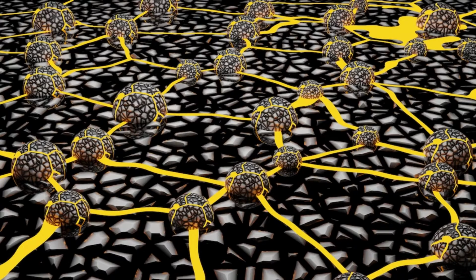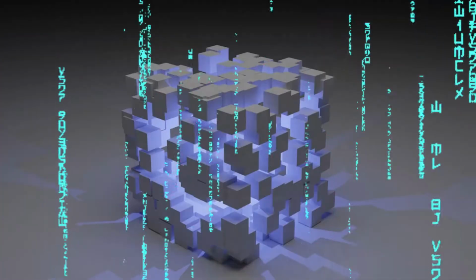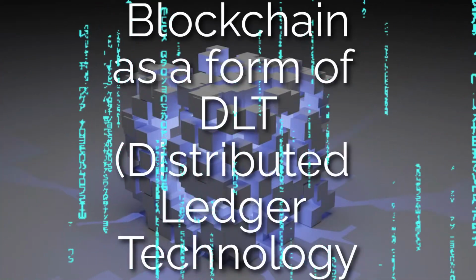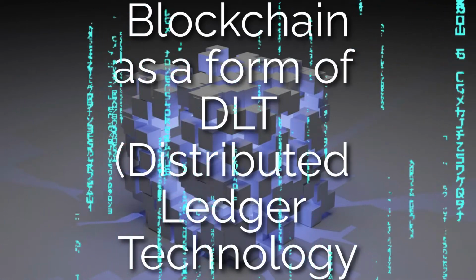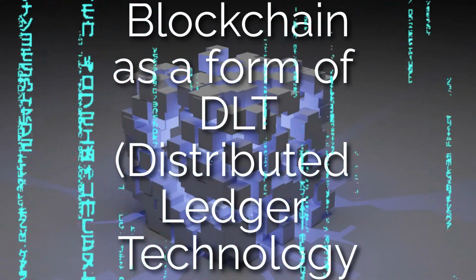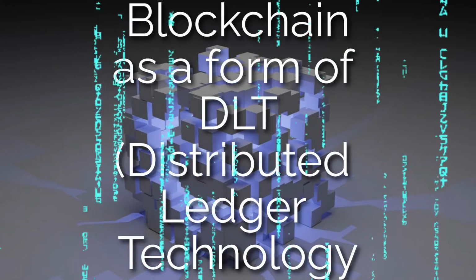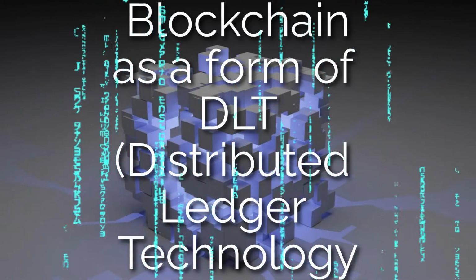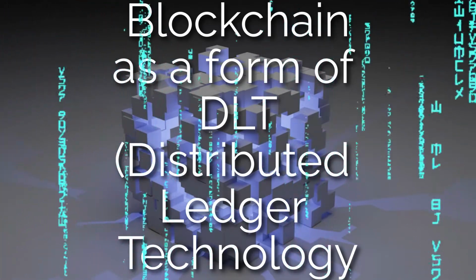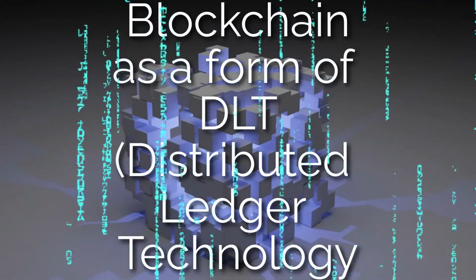However, what we discussed was that blockchain is only a form of this technology. So in this video, we're going to be looking more specifically at blockchain as a form of DLT and how it differs and is similar to DLT.